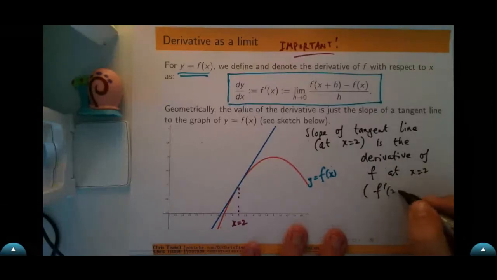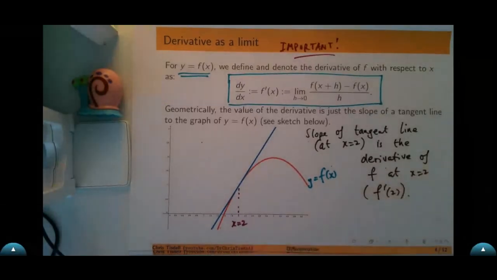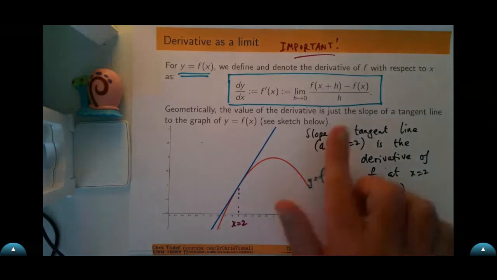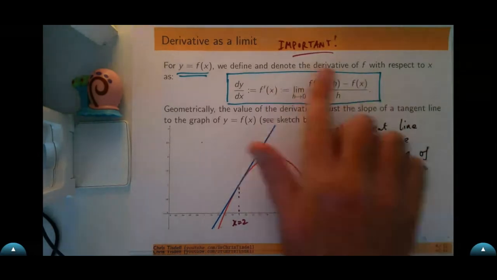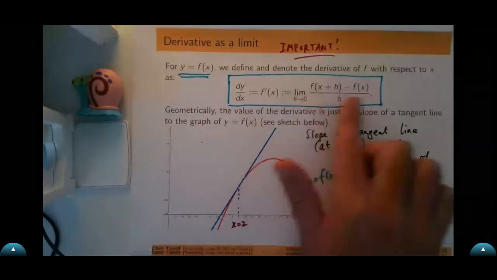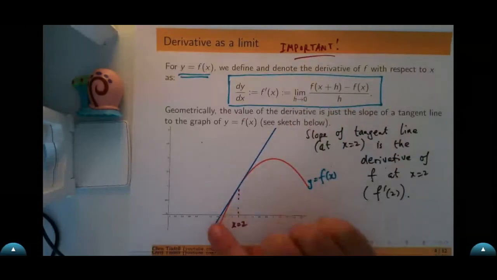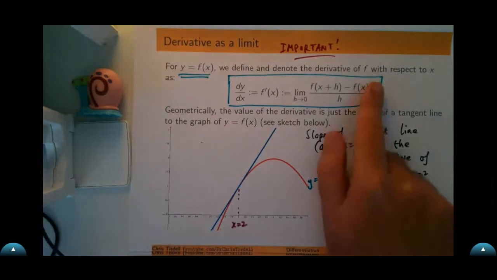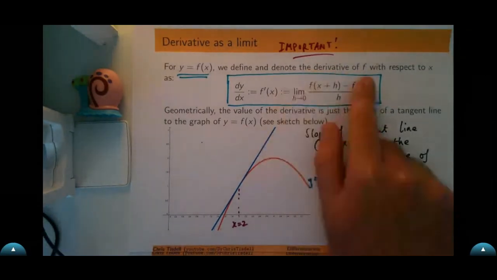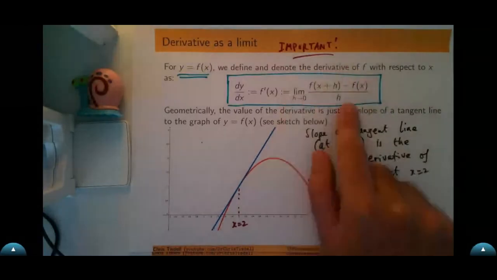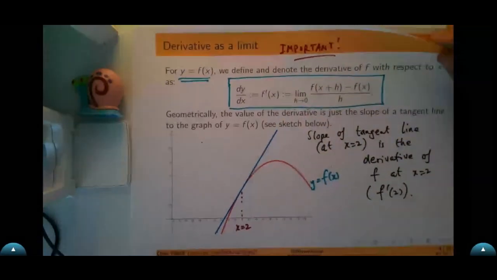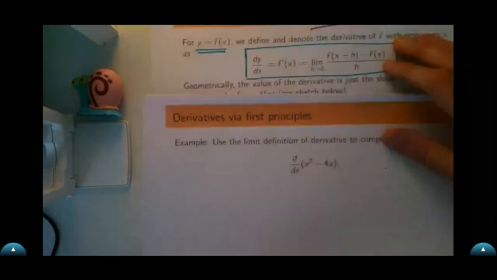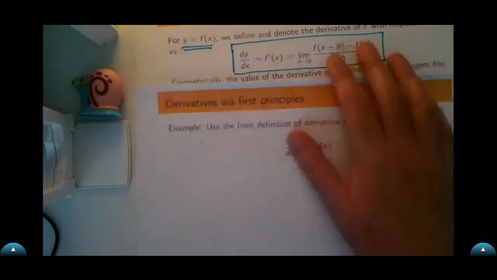So we would denote that by this. Okay. So we define this derivative using this limit. Geometrically, it's just the slope of a tangent line at the point of interest. We're going to look at this with some examples and see how we can solve these problems.